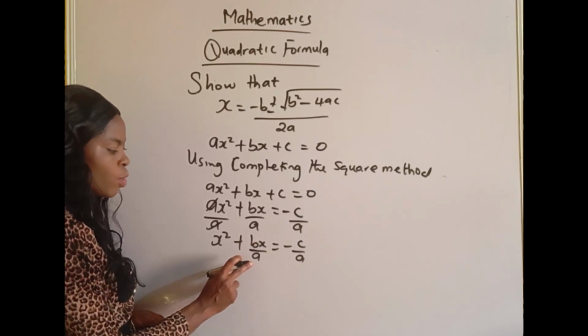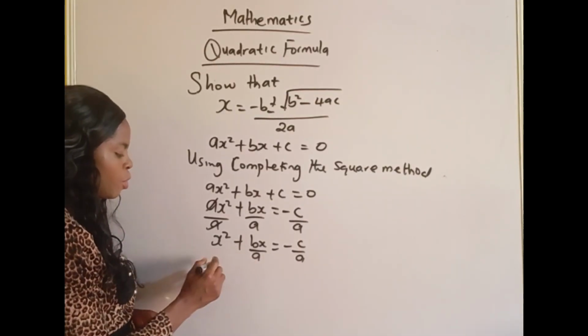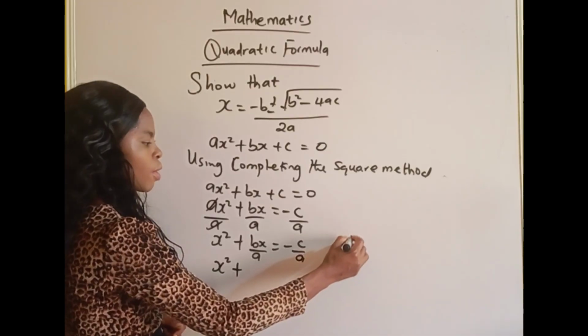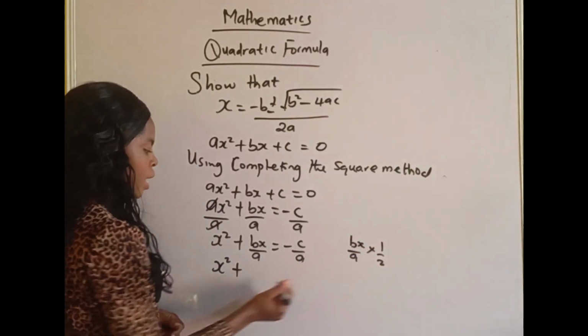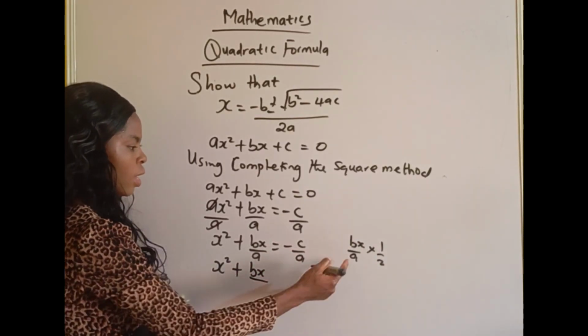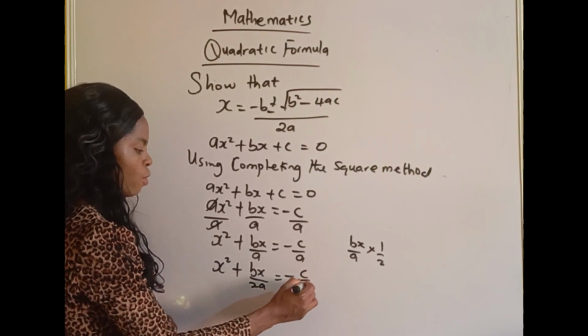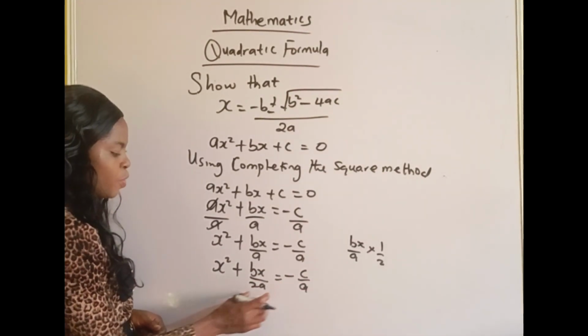So our focus next is on the coefficient of x. What will you do? You are going to take half of b over a. So x square plus, if I'm taking half, that becomes bx over a times 1 over 2. That gives us bx all over 2a equal to minus c all over a. What will you do at this point?